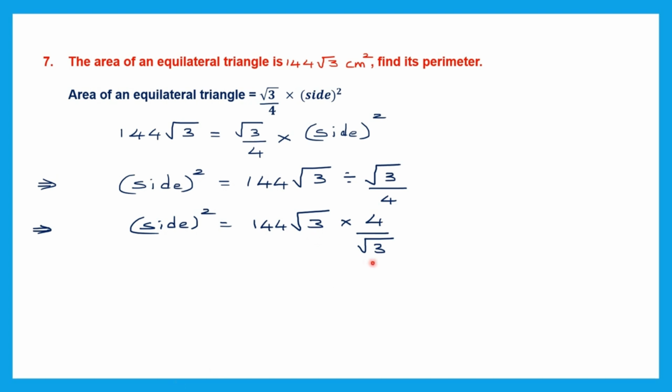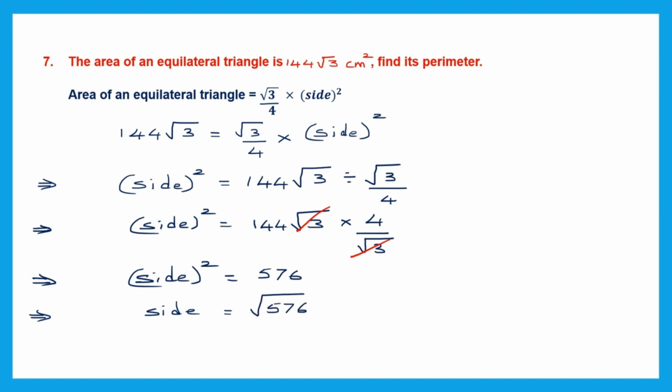We can cancel root 3 and root 3. So now side square is equal to 144 into 4, which is equal to 576.